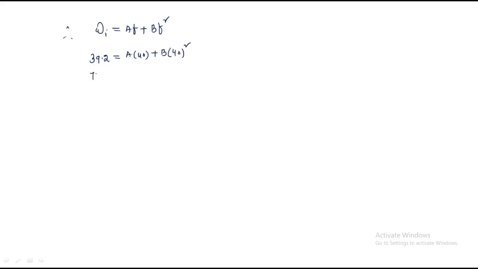Next we have 73.2 watts of iron loss component at 60 hertz, that's why 60 square. So by solving equations 1 and 2, what are the values of A and B? A equals 0.5 and B equals 0.012.